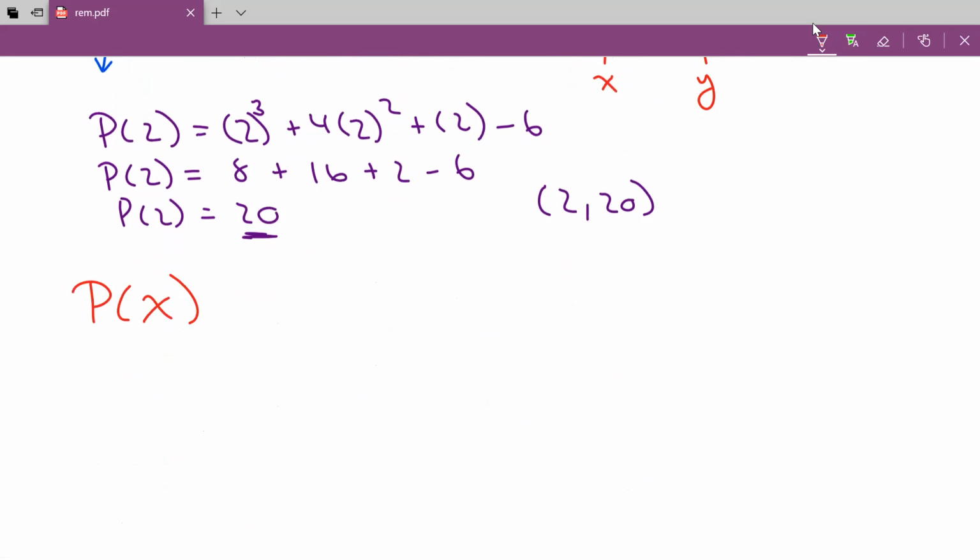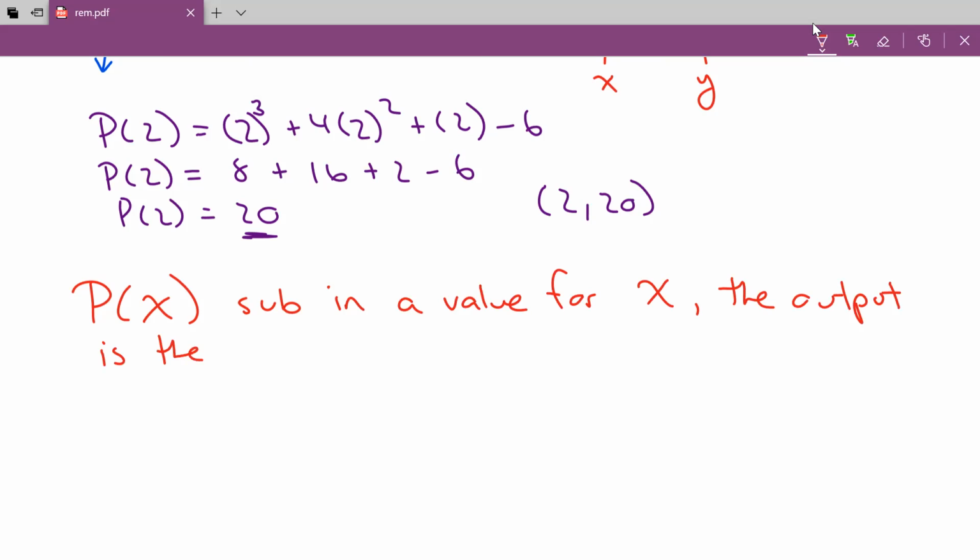When we sub a value in for p at x, whatever we get as an output is the corresponding y value on our graph.